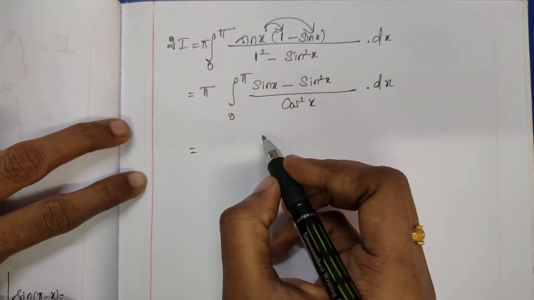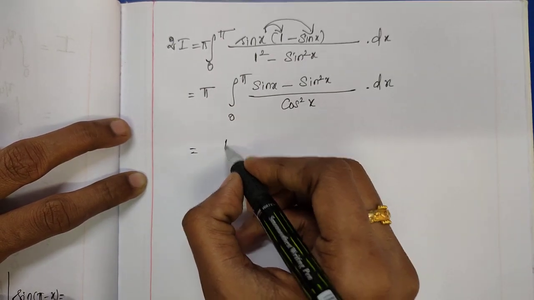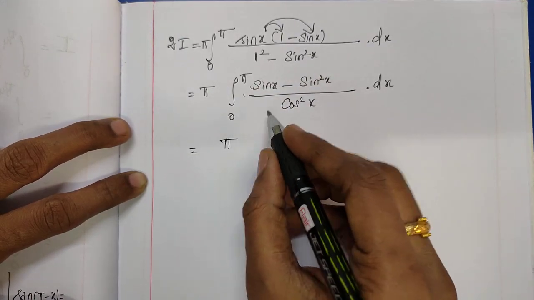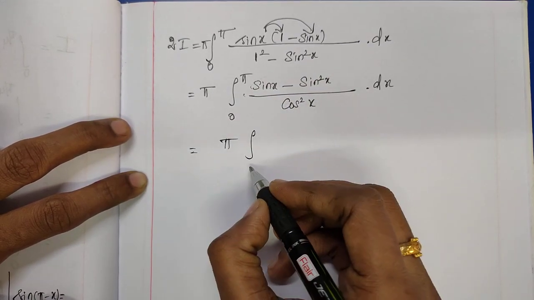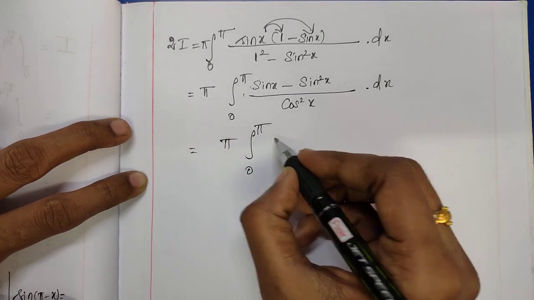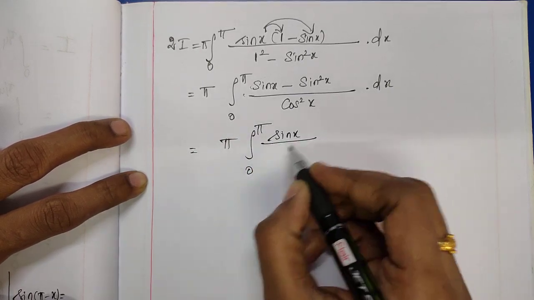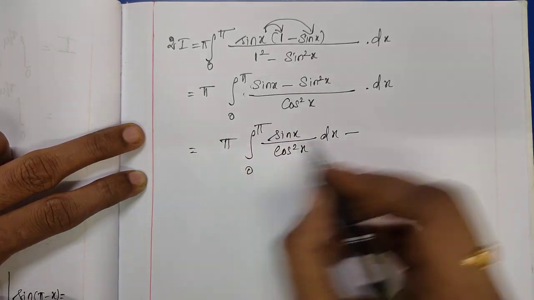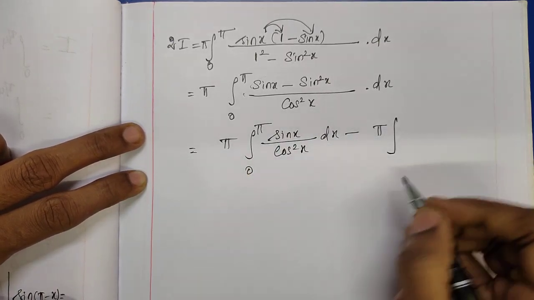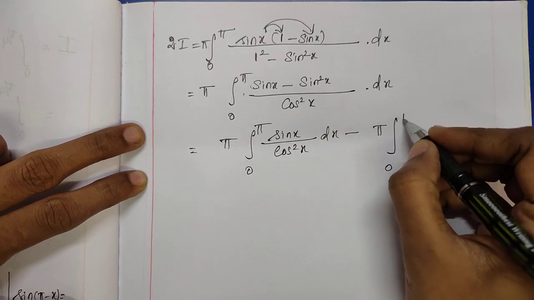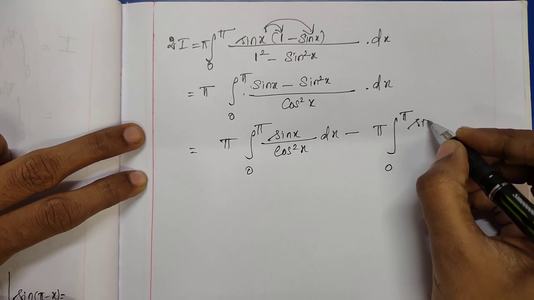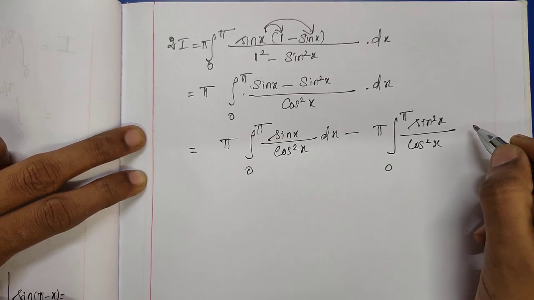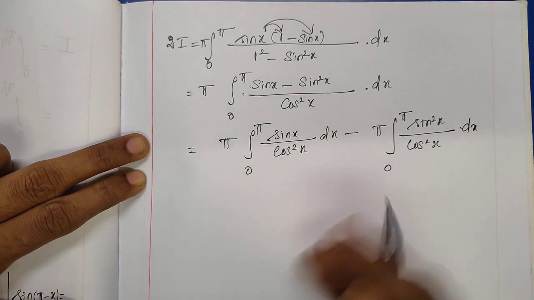In the numerator there are two terms, so separate into two integrals: pi times the integral from 0 to pi of sin x by cos squared x dx, minus pi times the integral from 0 to pi of sin squared x by cos squared x dx.